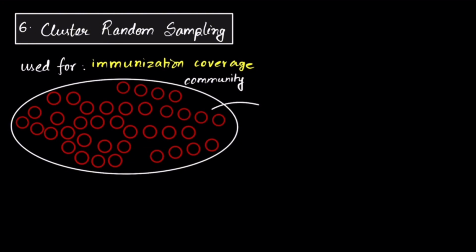Let's say the surveyor divides this community into a total of 500 clusters. Then from these 500 clusters, a total of 30 clusters are chosen. To make it random, SRS, simple random sampling, is applied to choose 30 clusters out of the 500 divided clusters.